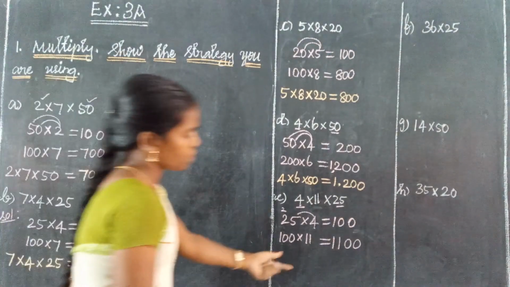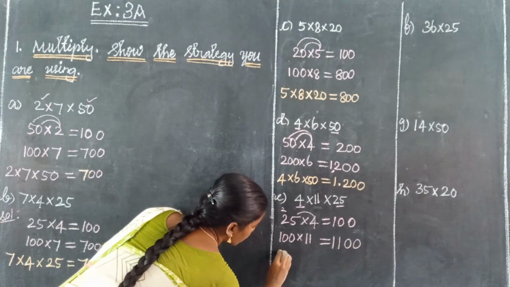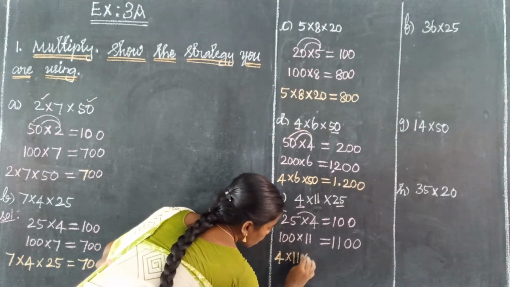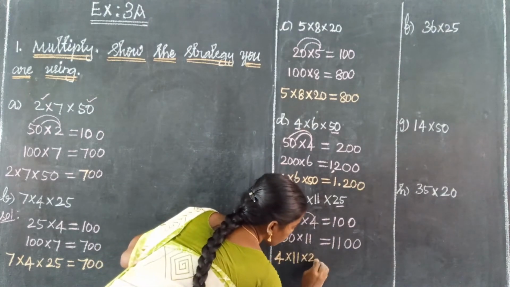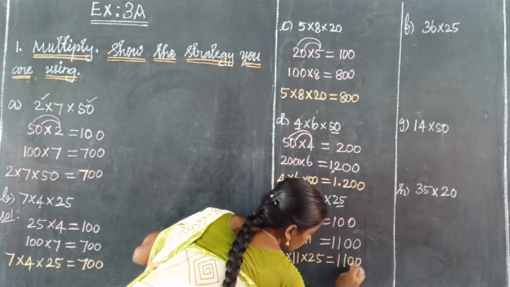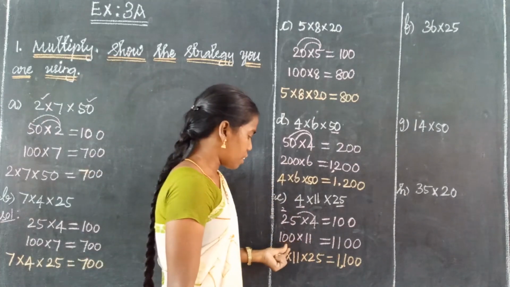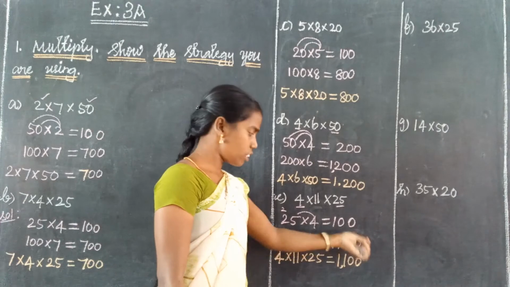So 4 into 11 into 25 is equal to 1100. So finish. We can directly multiply 4 into 11, or 100 into 11, and that is equal to 1100.